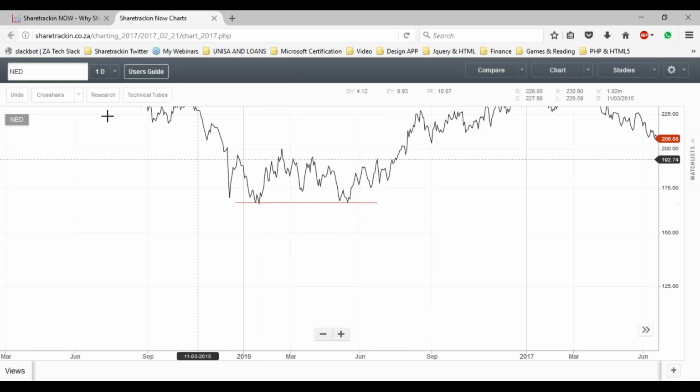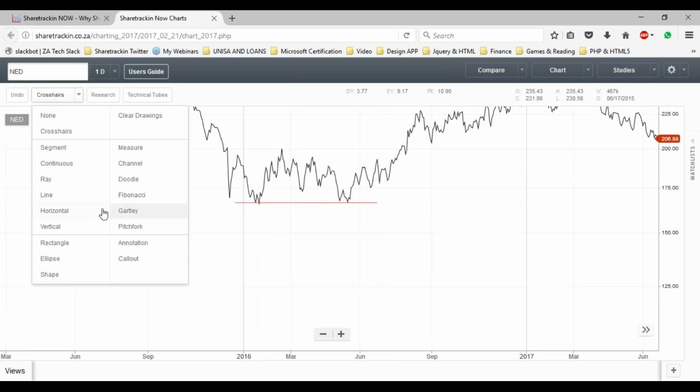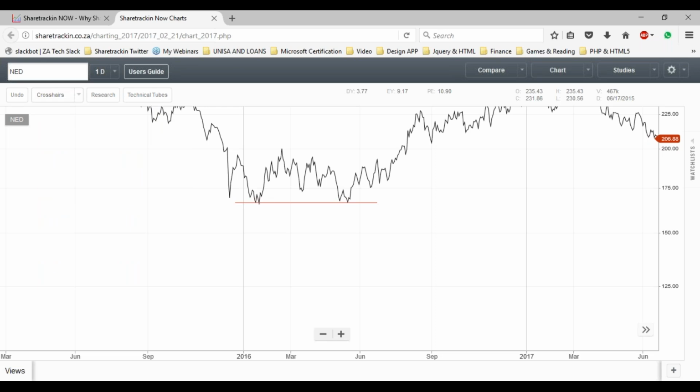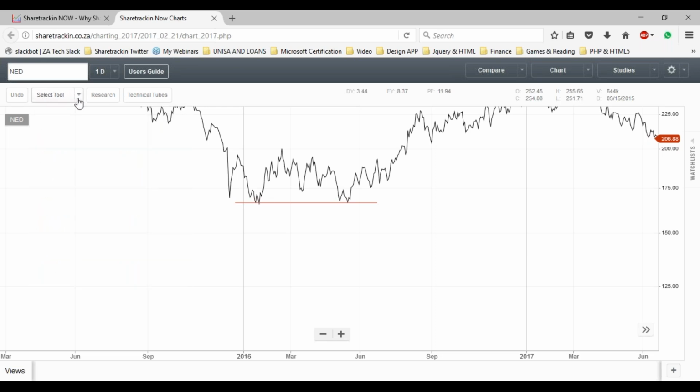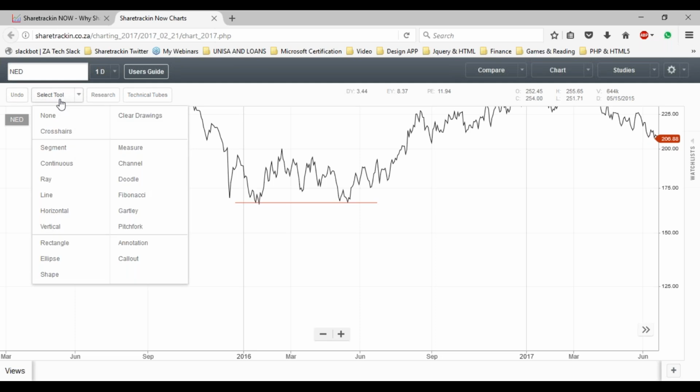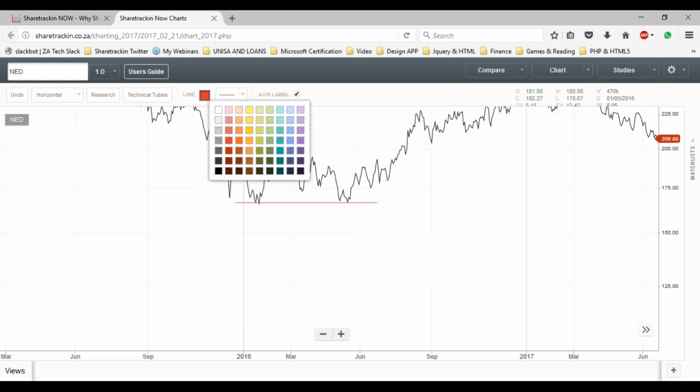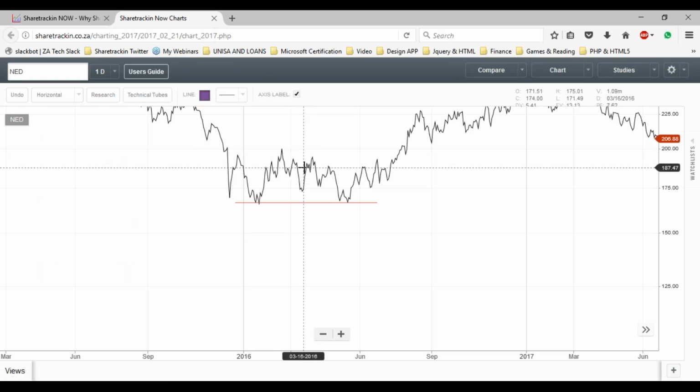So what do you do? You go down here, you select, and you can choose a horizontal line. You go to this little section over here. You'll see it says select tool. It's next to the undo button. You click it, and you select a horizontal line. Normally I like to use a red line or a purple line or anything that will stick out to you that you will remember.